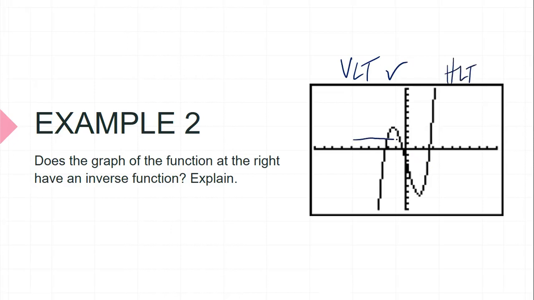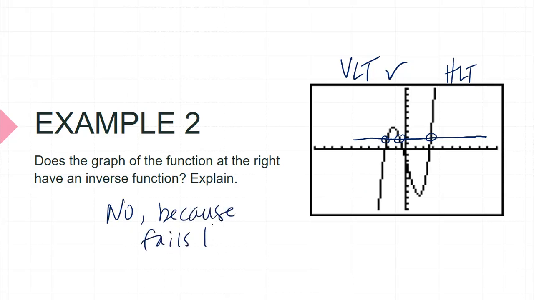No, because if I had a horizontal line, how many points do I hit at a time? 3 at most, right? So therefore it fails the horizontal line test. So would the inverse be a function? No. And why not? Because it fails the horizontal line test.